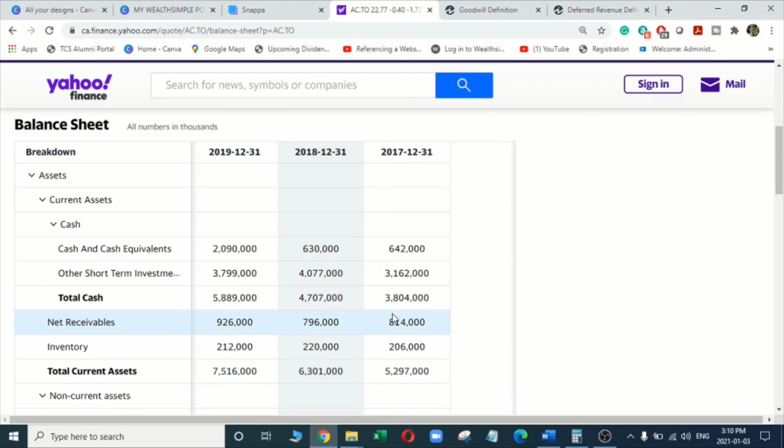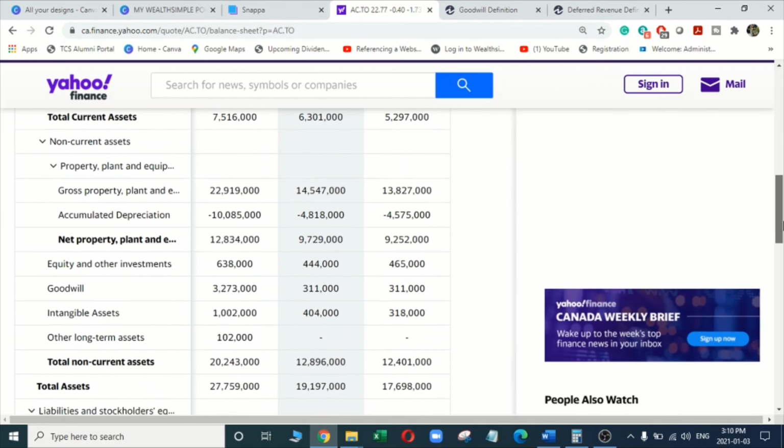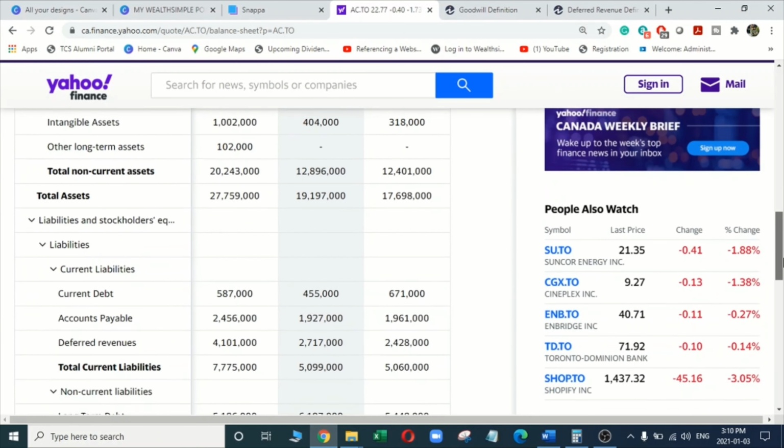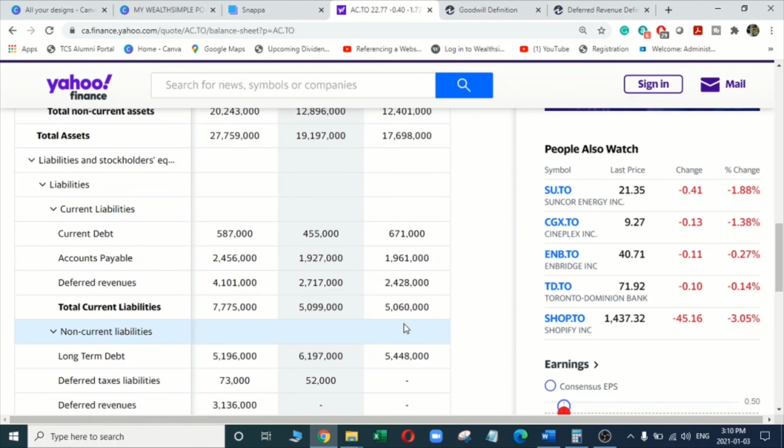But this is not the only criterion that needs to be followed while picking a stock. As you can see, along with the assets, liabilities are growing at a rapid pace.